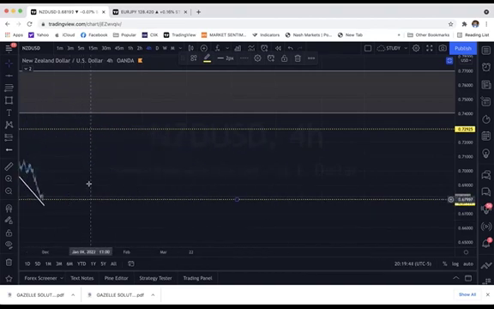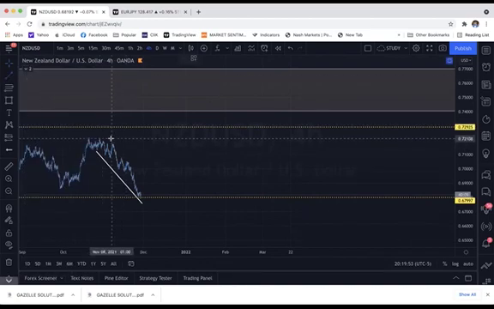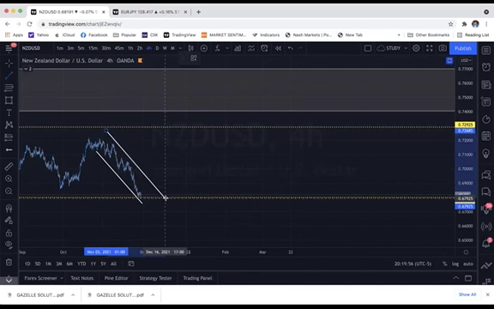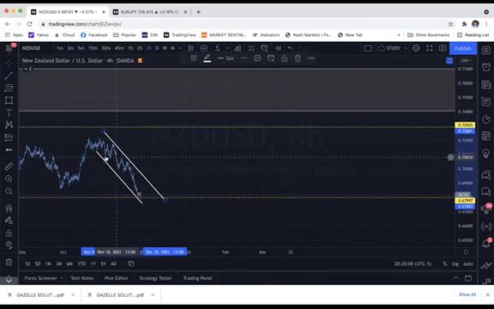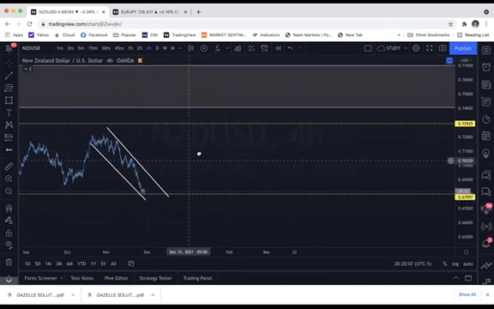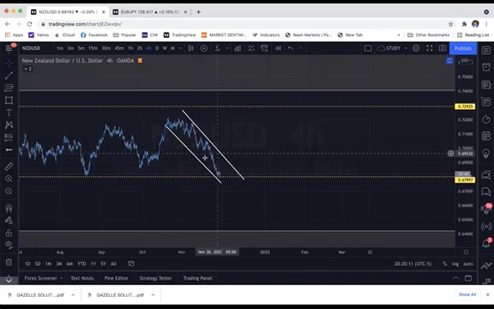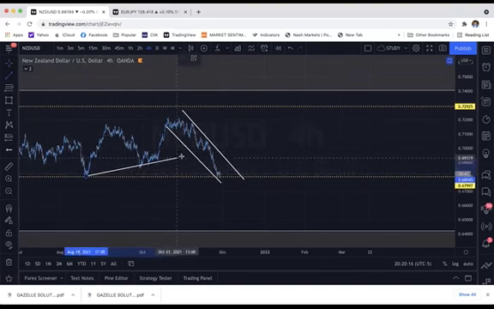But in the current leg that it's in, it is in this funky, steep downtrend. Okay. Now, you can say this. It was in an uptrend. Look at this, guys.